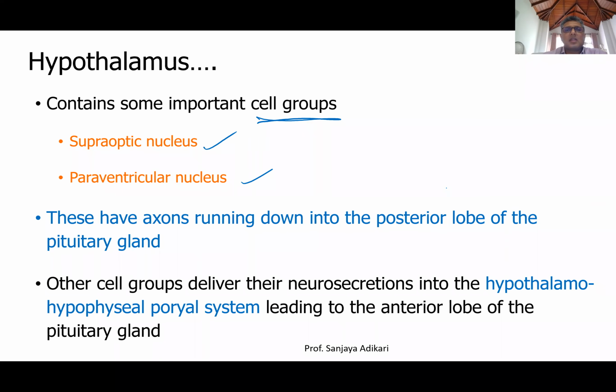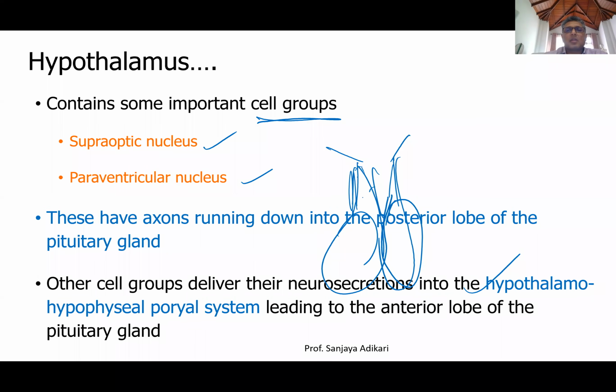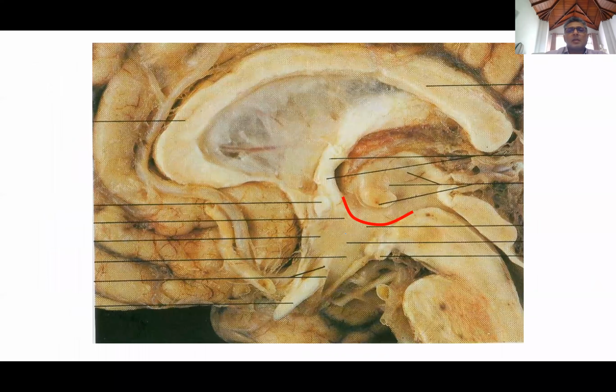So there are secretions from some of these nuclei, and they are taken through this hypothalamo-hypophyseal portal system into the anterior pituitary. So you have the hypothalamus like this, you have the pituitary stalk, you get the anterior pituitary. Posterior pituitary is another one. Through blood vessels, you get the hormones coming into the anterior pituitary. So this is then thalamus and hypothalamus.